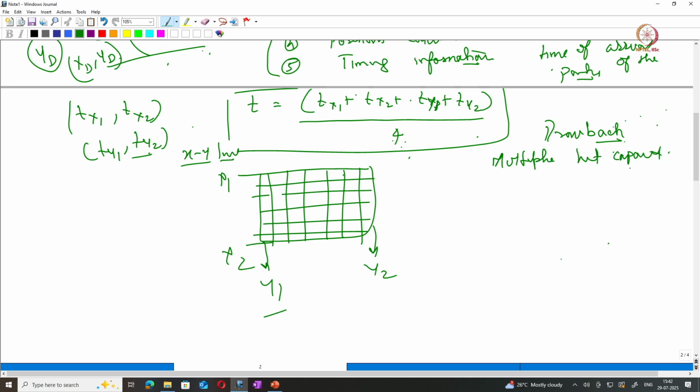What does it mean? It means there is a limitation imposed when different electron clouds or ions arrive very close, either in time or position. It will identify them as the same electron cloud or ion. So this is imposed as the multiple hit capacity.